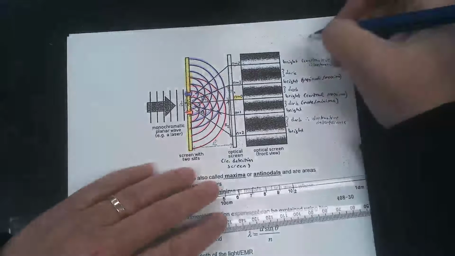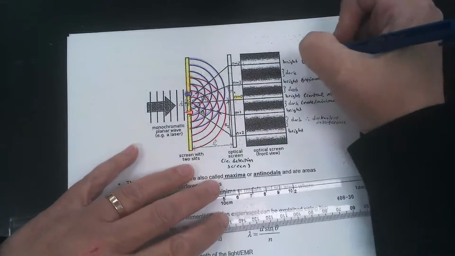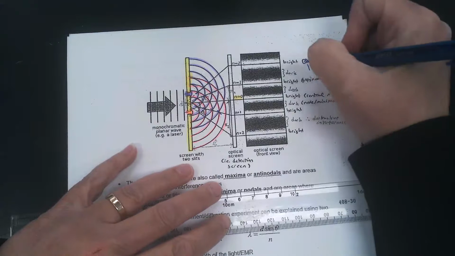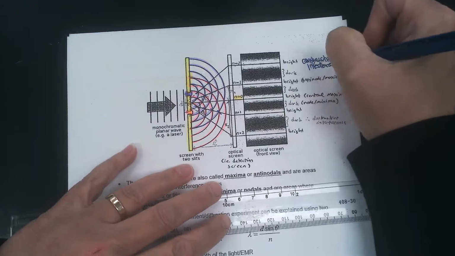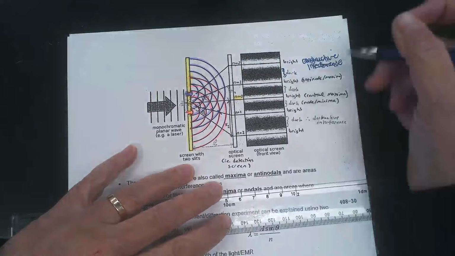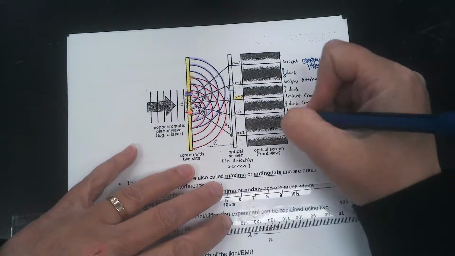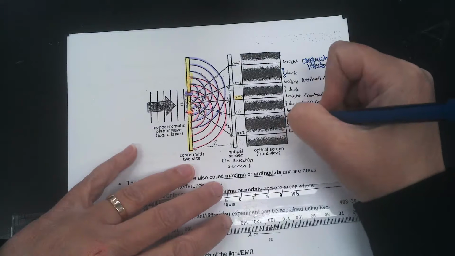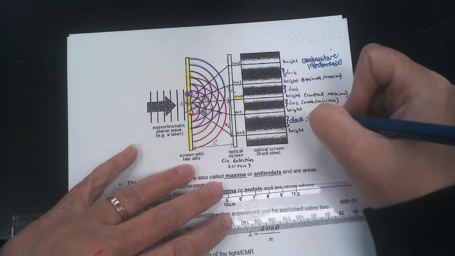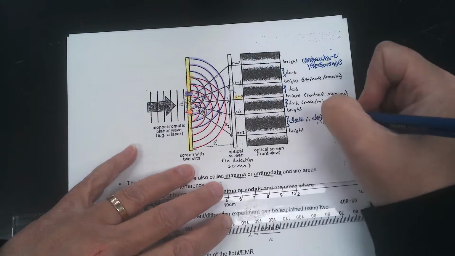So we have these bright bands, which are constructive interference, and we have these dark bands. A dark band here, and a dark band here, and it's destructive interference.